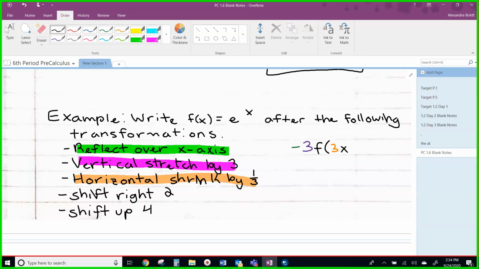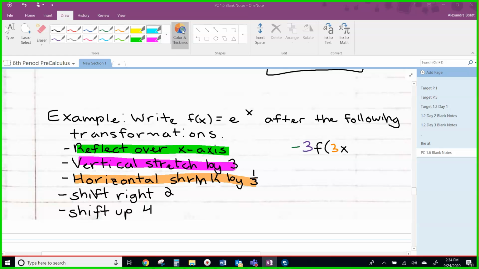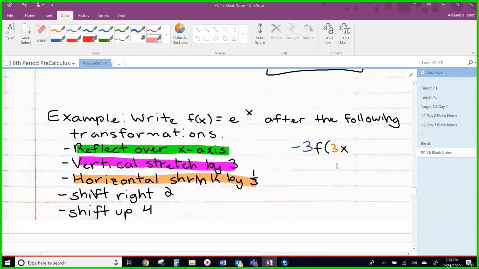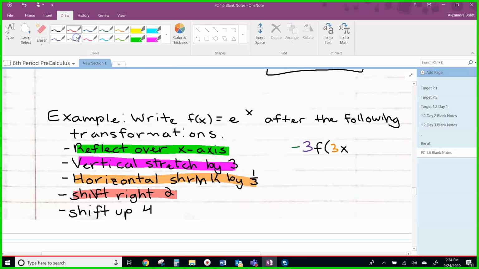and then I'm going to shift it right 2. Again, right is horizontal, so that's still inside my function, inside my parentheses. And since it's inside, it's opposite. So right is usually this way, positive numbers.